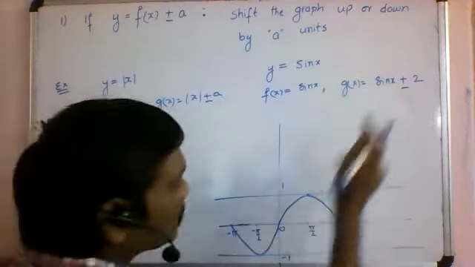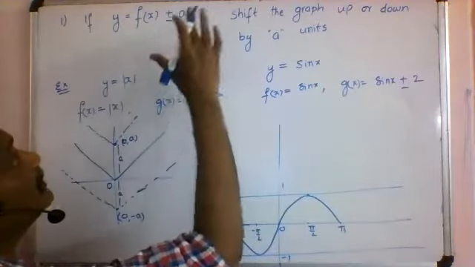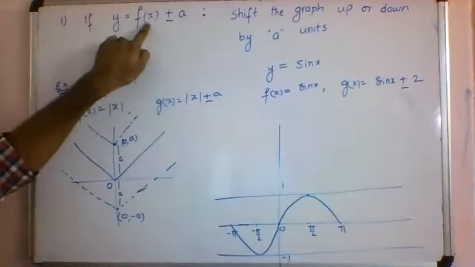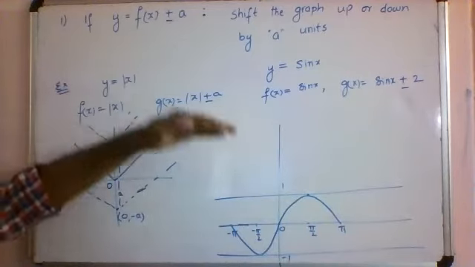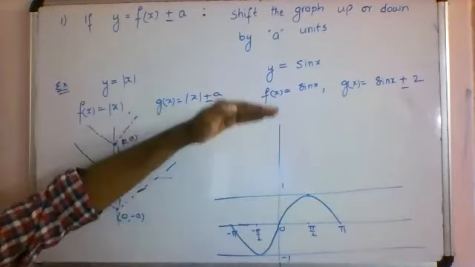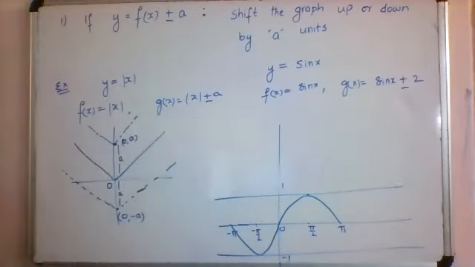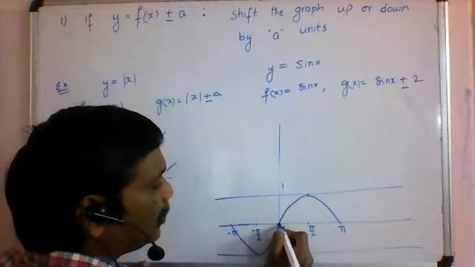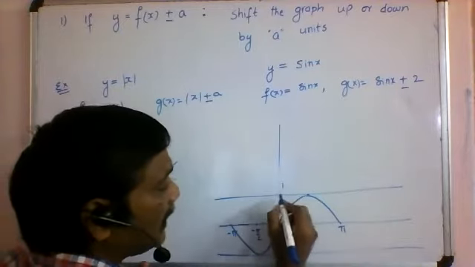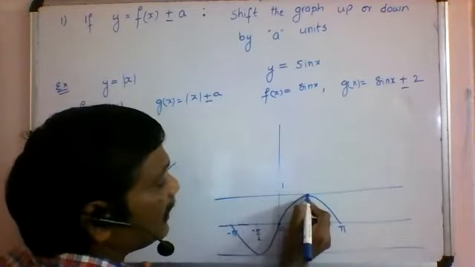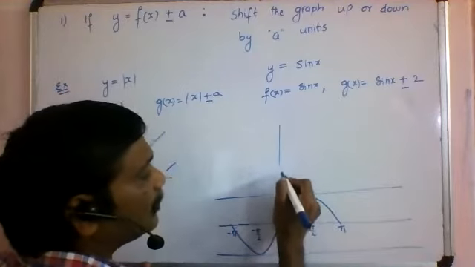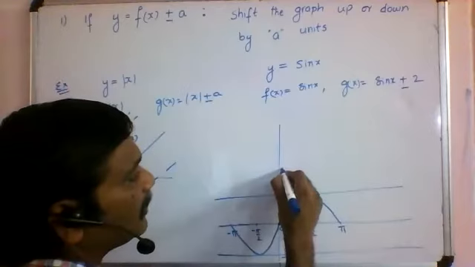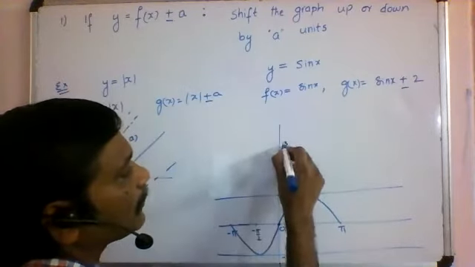Now sin x plus 2 means, if we add something to sin x, the graph should shift up. From 0, and the maximum value here is 1. If I add 2, it will reach 3, since 1 plus 2 is 3. So I have to indicate 2 and 3 also.